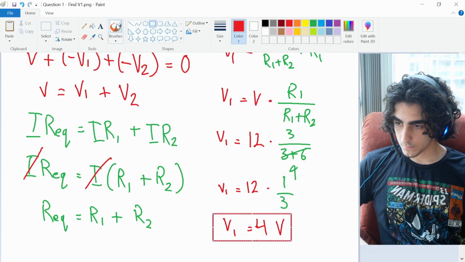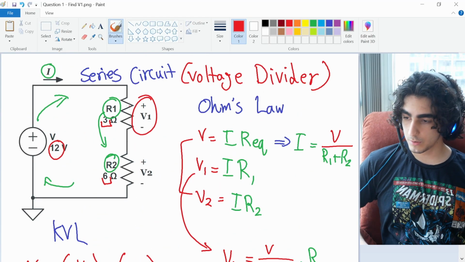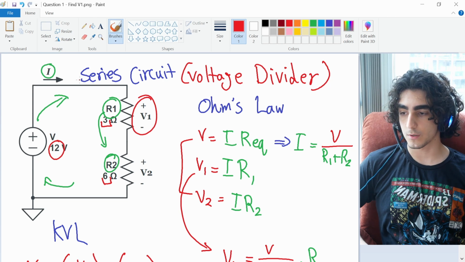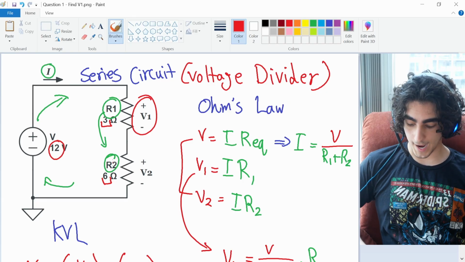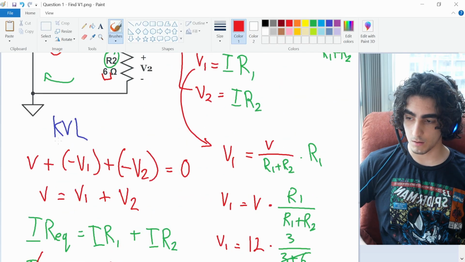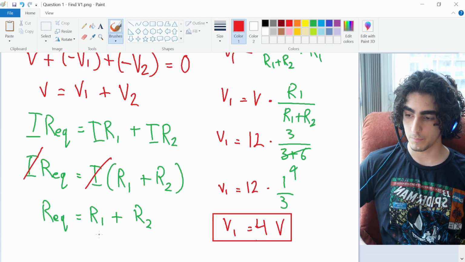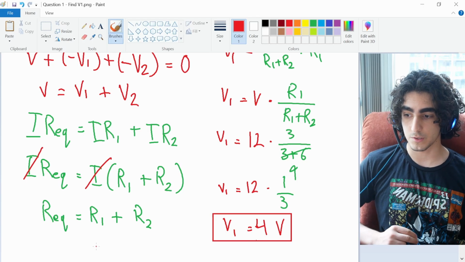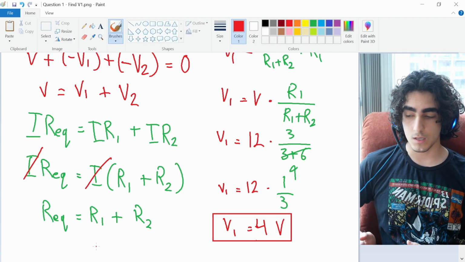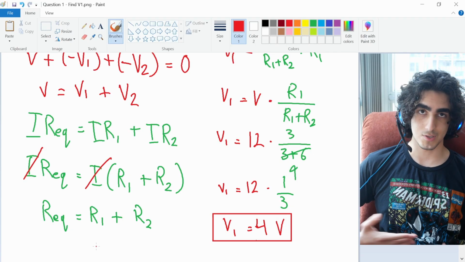So the only other shortcut that you can use is that because we know for certain that R1 and R2 are in series, we can actually skip this KVL step here where we did all this algebra and just go straight to here, because for series resistors, R equivalent is always just the resistances added together.